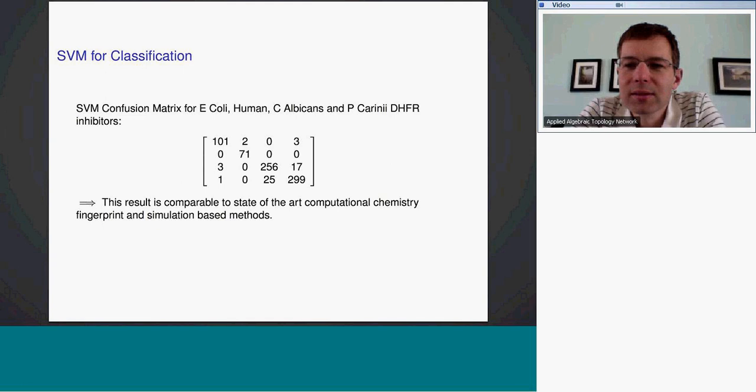So that 2 in the first row, second column says that I misclassified 2 human DHFR inhibitors as E. coli. This is comparable to state-of-the-art computational chemistry, fingerprint, and simulation-based methods for this data set.